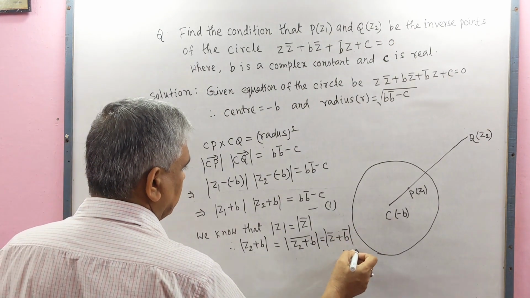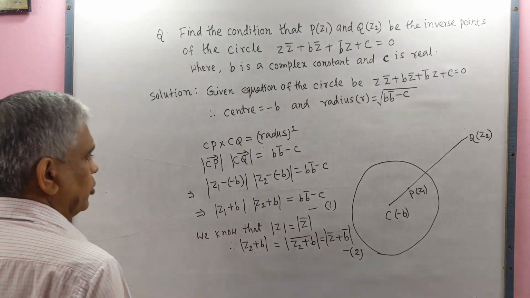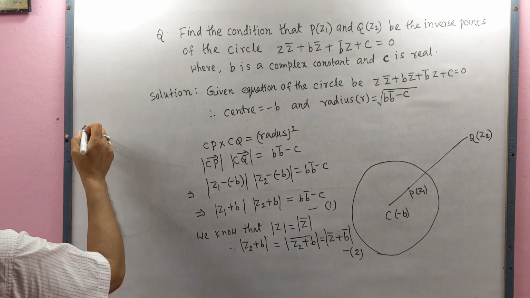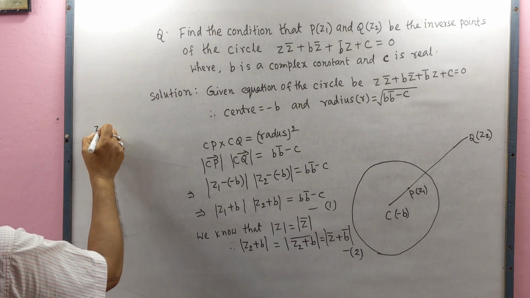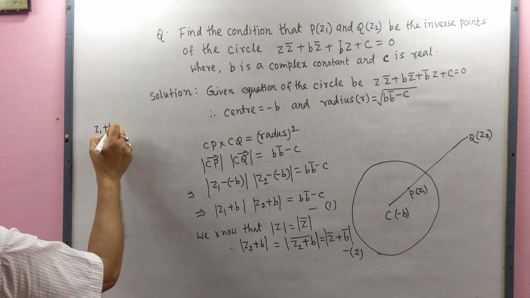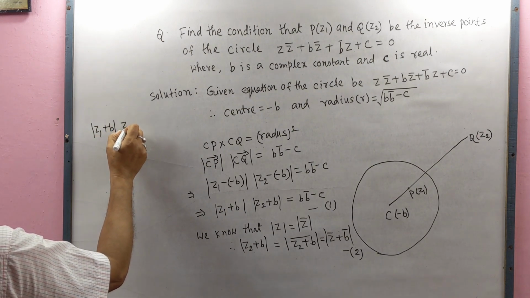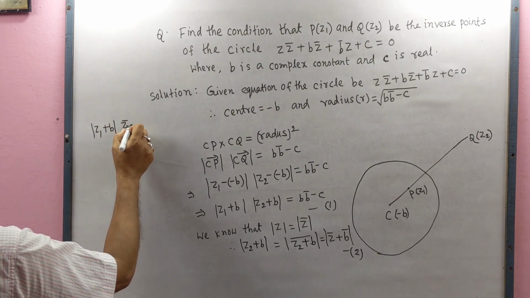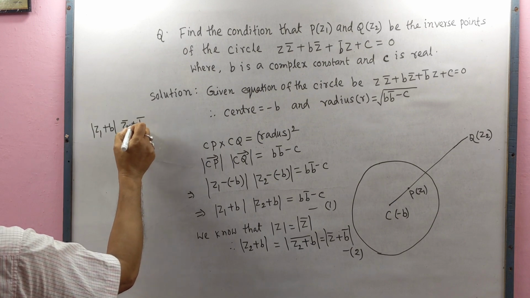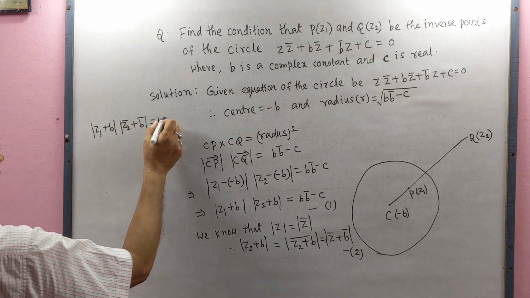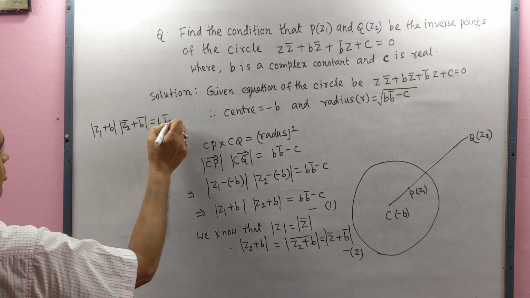This is number 2. Putting this value in 1, we get Z1 plus B times Z2 bar plus B bar, in modulus, equal to B B bar minus C.